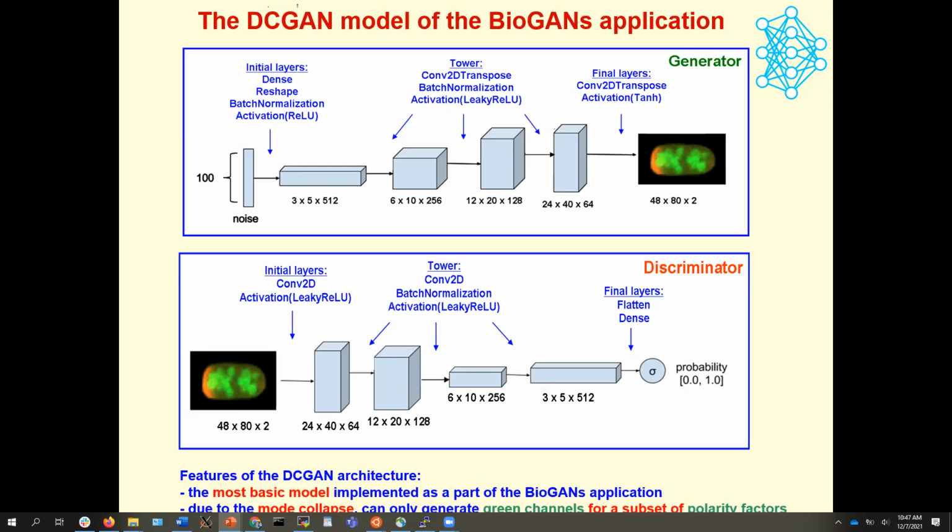But even not all of the polarity factors could be generated this way because of the mode collapse issue. So this model, even though it is pretty sophisticated, is actually very limited in terms of its capability.